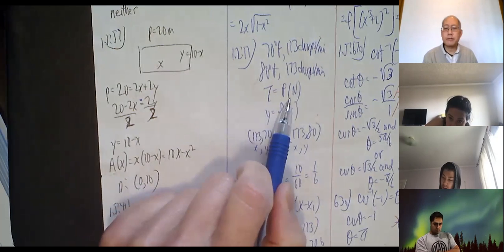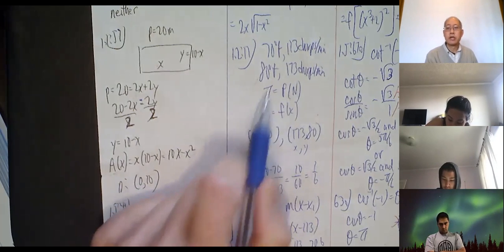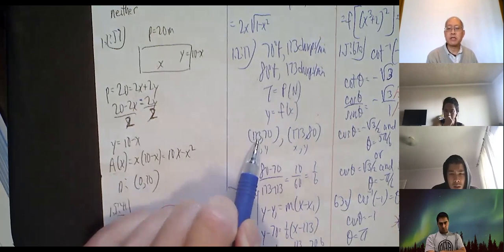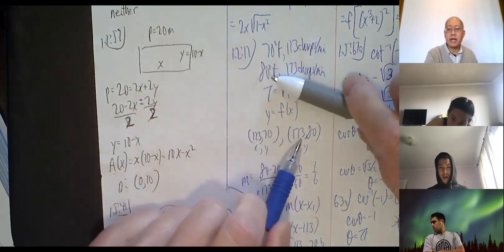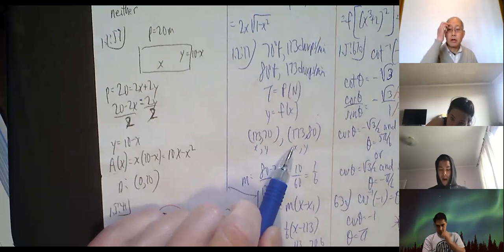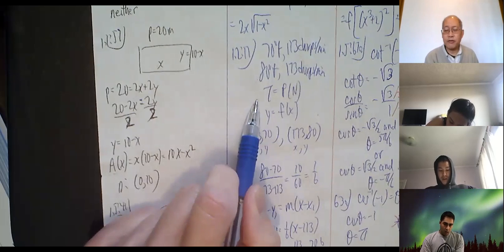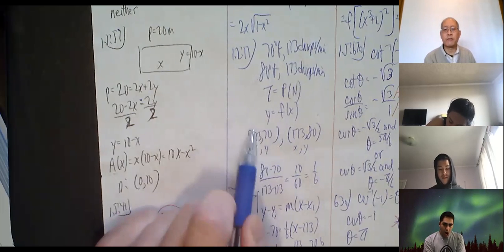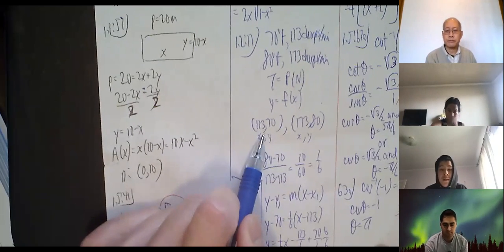So number of chirps per minute is the x coordinate, and the temperature is the y coordinate. So I write it as (113, 70) and (173, 80), like x, y. Only it's not really x, y, it's n, t. But we're not familiar with n, t. All of our formulas are with x and y. So I switch over to x and y temporarily and switch back.